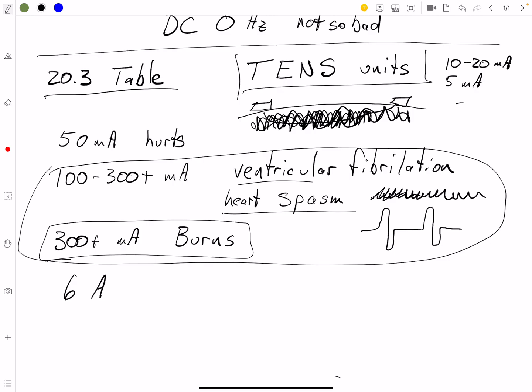What are they saying here at 6 amps? Your heart basically stops beating. It freezes up. Total contraction. It just seizes.